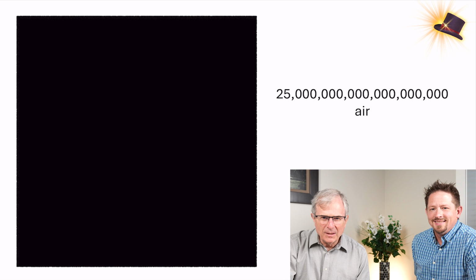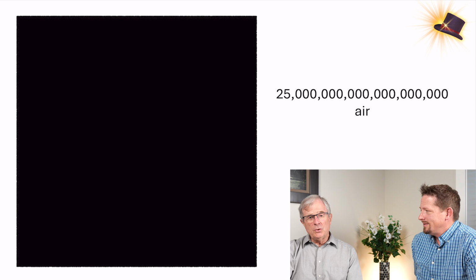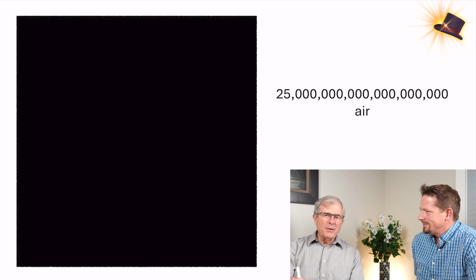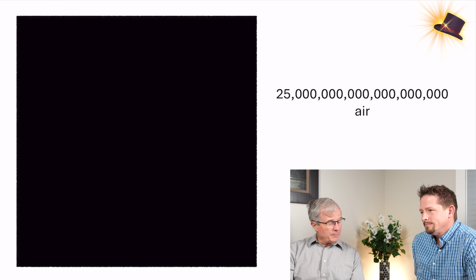So it's going to be 25 billion, something like that. Anyway, it's a huge number. And you just have to think about the fact that you're walking around in this air and there's 25 bazillion particles that are banging against your eyes all the time at about half a mile per second. They're banging into your eyes all the time.